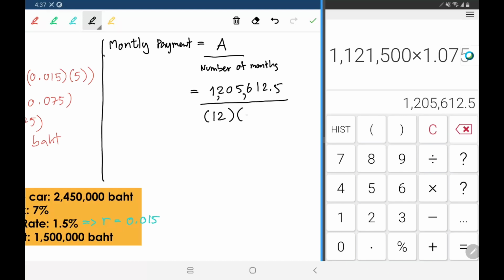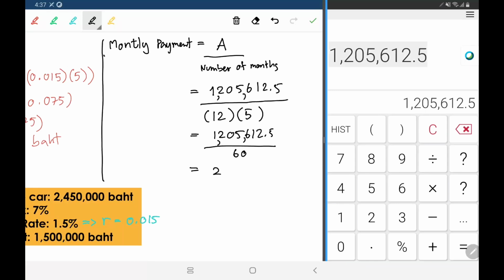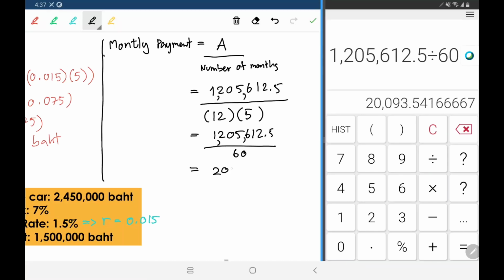How many years? 5 years. So, you have to divide this amount of money by 60. Then you divide by 60, and you have to pay 20,093.54 baht per month for 5 years.